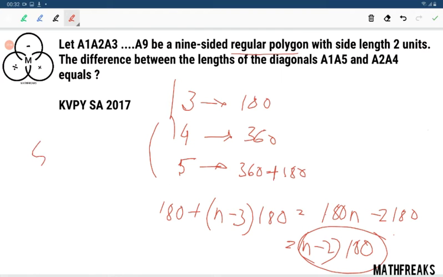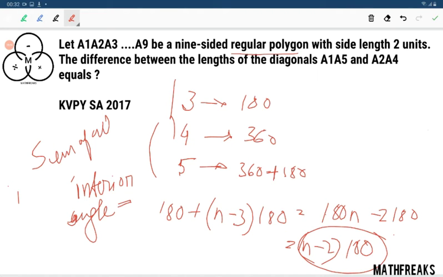Sum of all interior angles is (n minus 2) into 180 degrees.